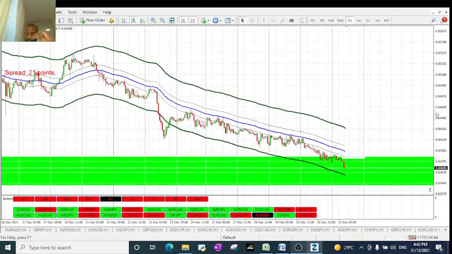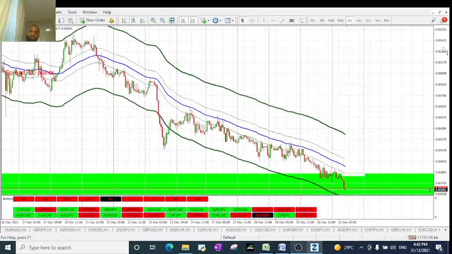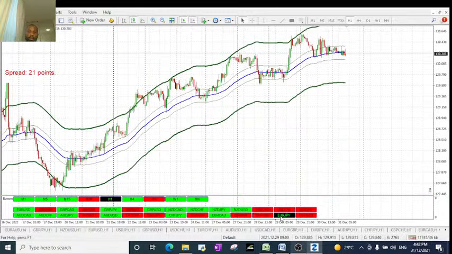Does it mean that price is not gonna do anything? It's not gonna continue going down? It can, but expect some reaction anytime. But it's a strong downtrend. Let's see what happens.